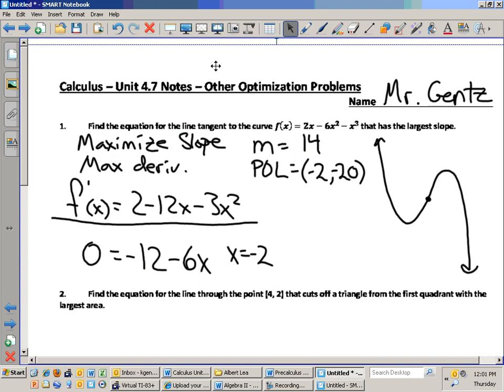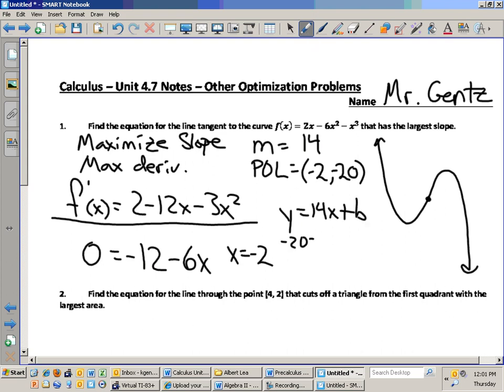Can we now write an equation for the line? We sure can. Y equals 14x plus b. I will plug in my y value of negative 20 equals 14 times negative 2 plus b. Solve, and you will get negative 20 equals negative 28 plus b.